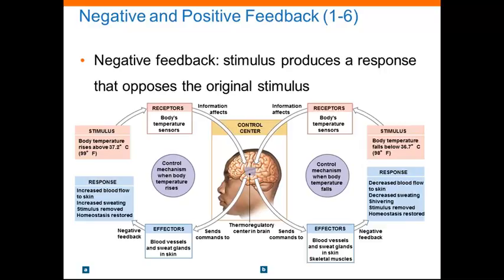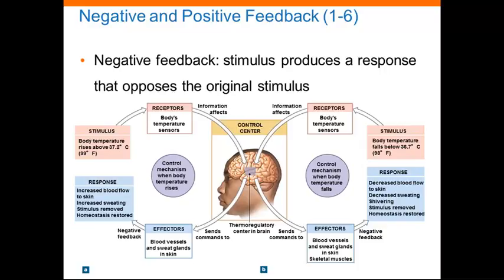And negative feedback, like the one I just described and the one that's pictured here, is probably one of the most common regulation mechanisms. So in negative feedback, your stimulus produces a response that will oppose the original stimulus. So if your body temperature is too high, the brain sends a message to the skin to vasodilate and sweat, and that will bring the temperature down.